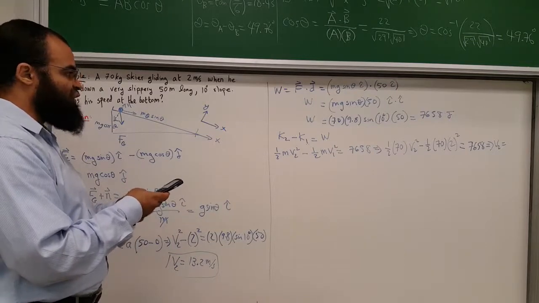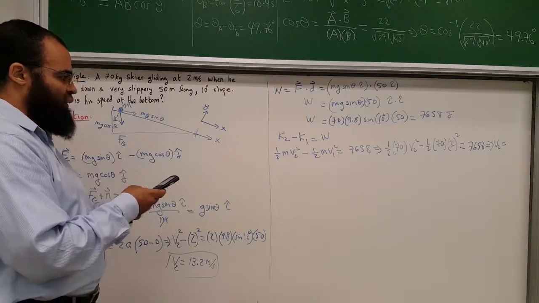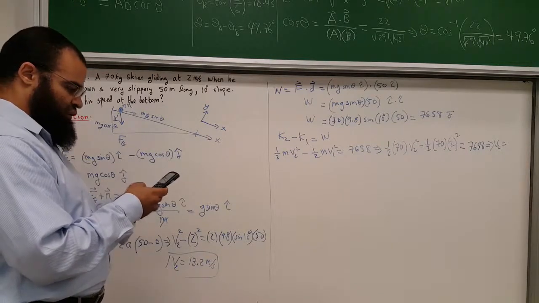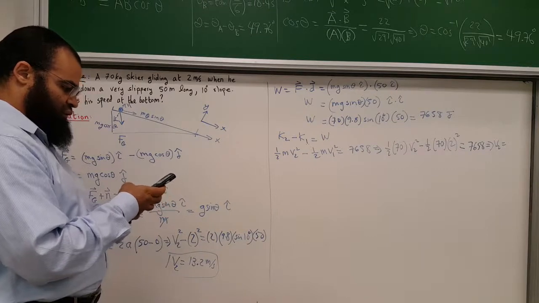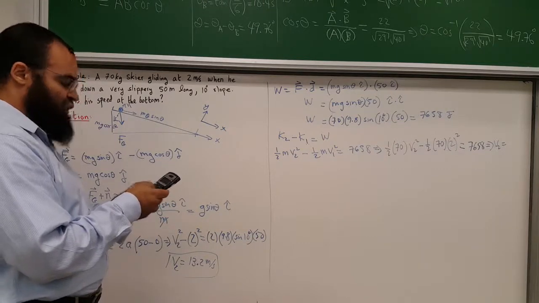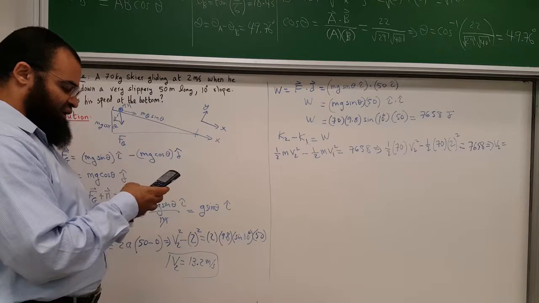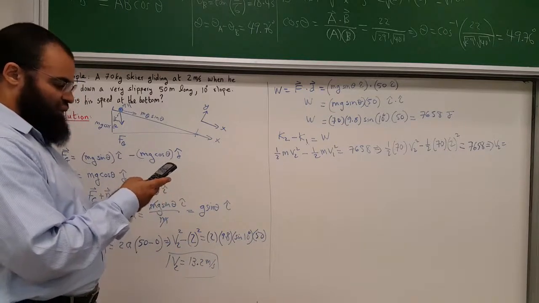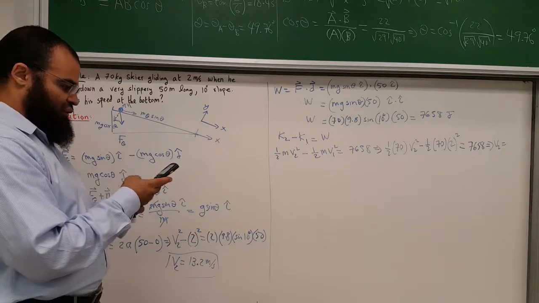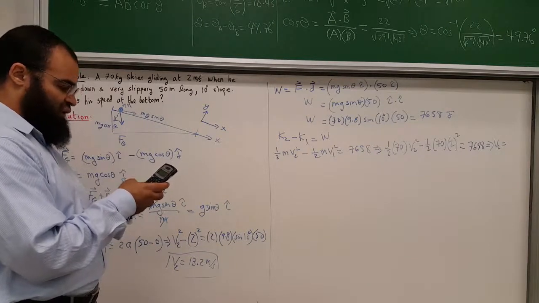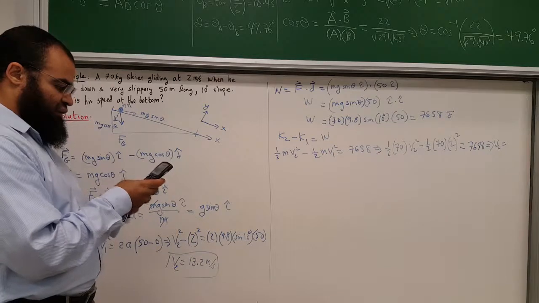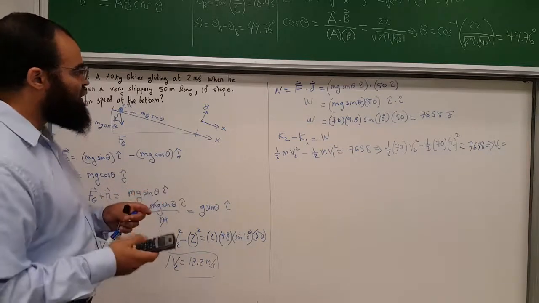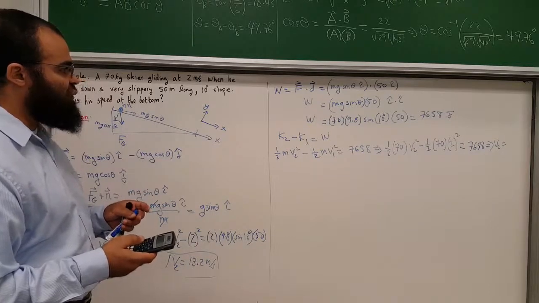In fact, let's solve just to double check. So I have 7658, multiplied by 2, divided by 70, and so on. Did I make a mistake somewhere?